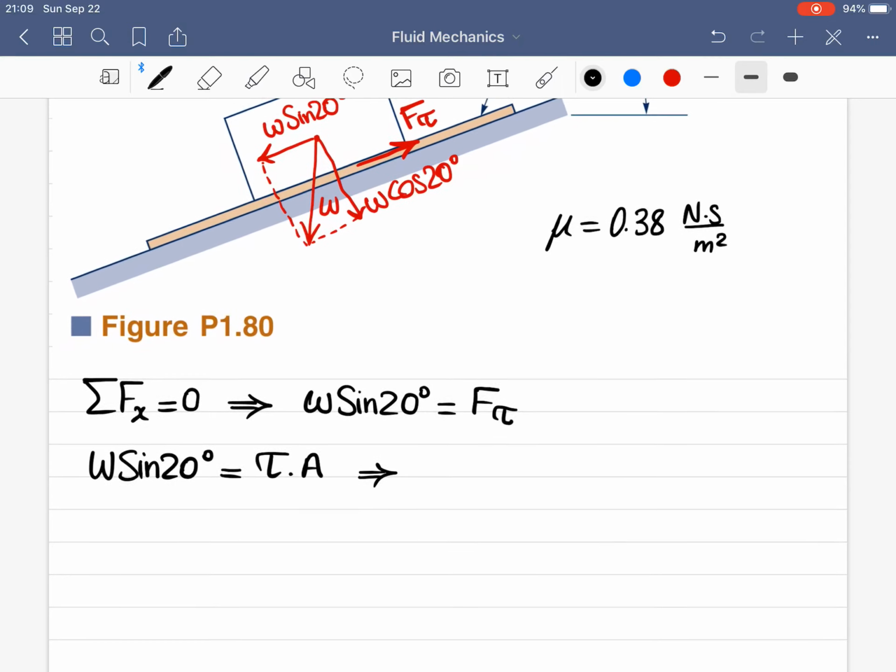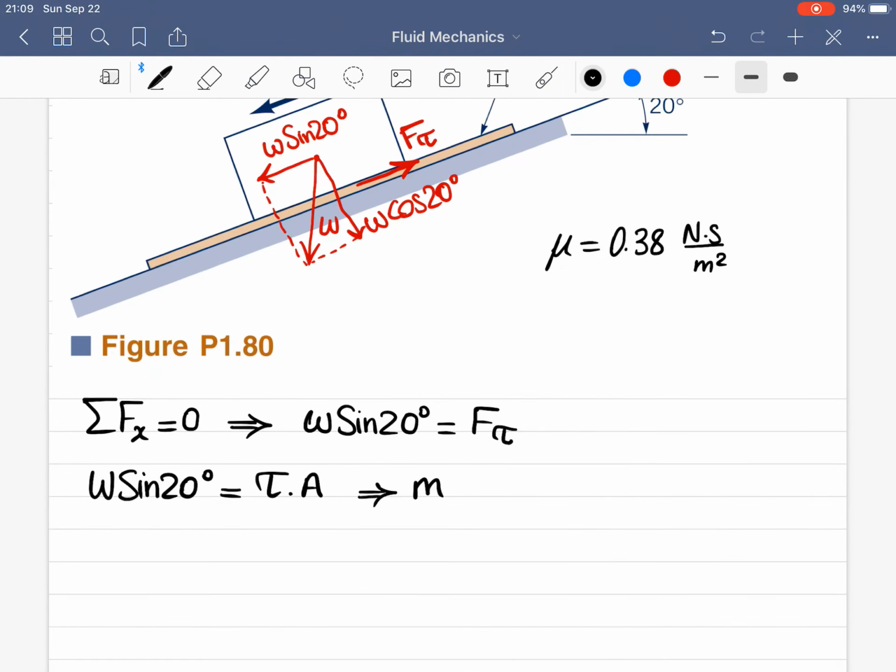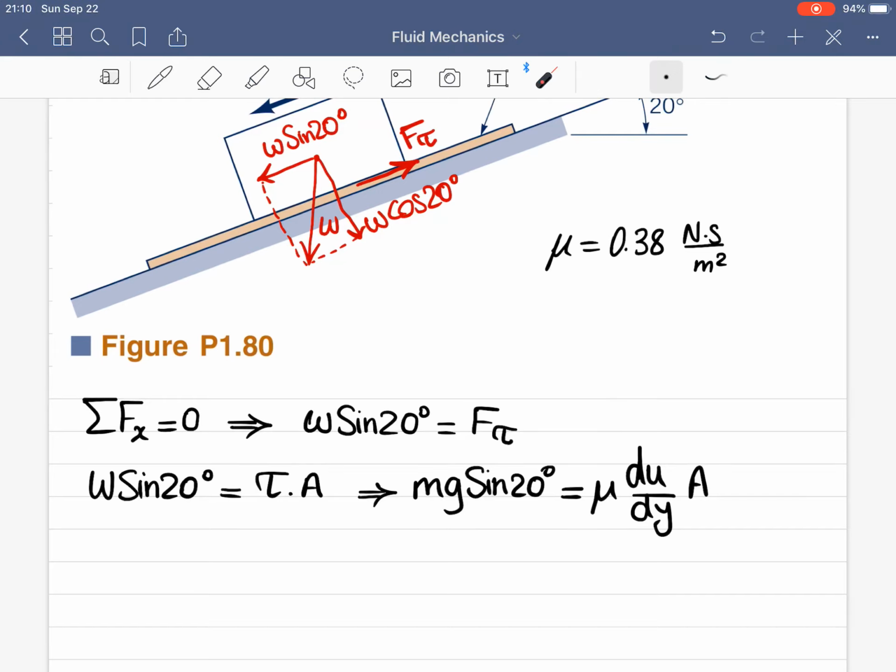So its weight would be its mass times gravity times sine of 20 degrees, must be equal to tau, which is mu times the velocity gradient, times the contact area. Mu is given, or it must be given. We can find it from the tables.